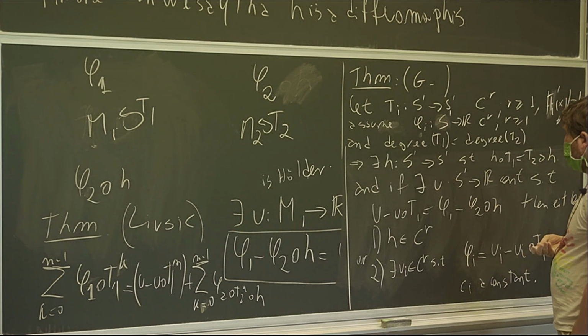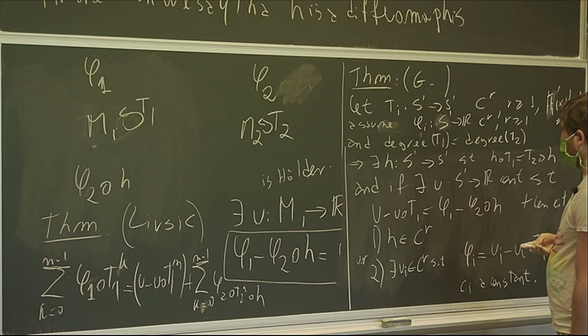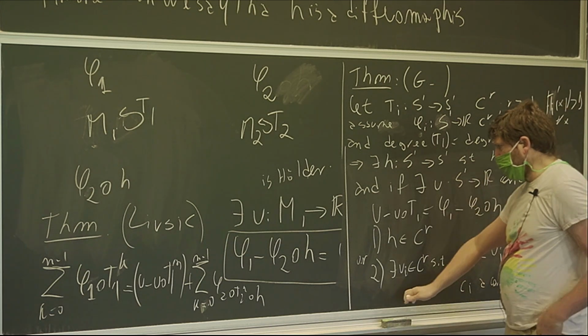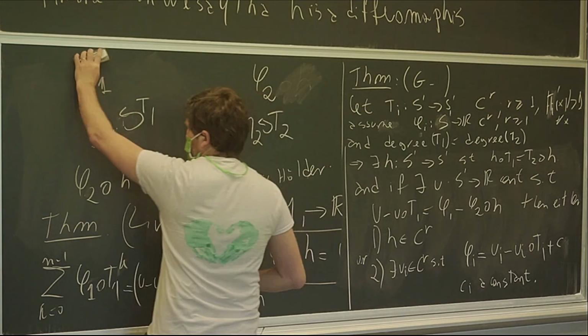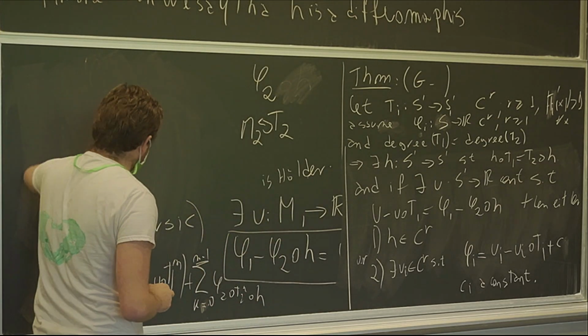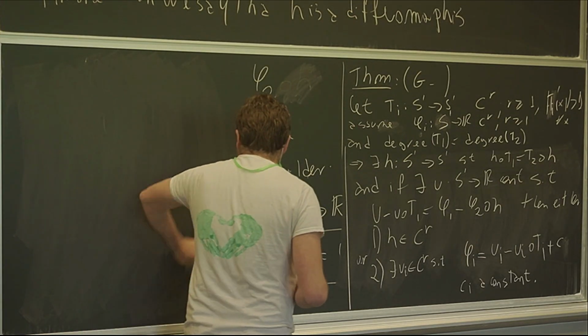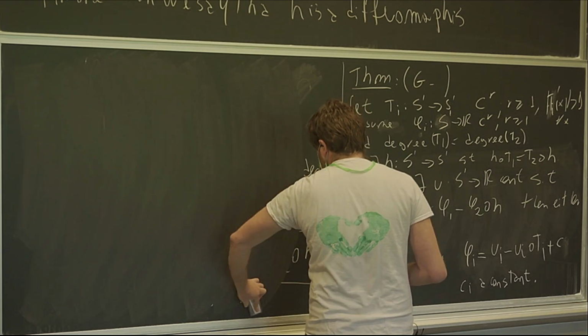Now, this theorem in dimension 1 is actually quite easy to prove, quite direct, and it goes back, in a somewhat different situation, but still on the circle, to a theorem of Shub and Sullivan.